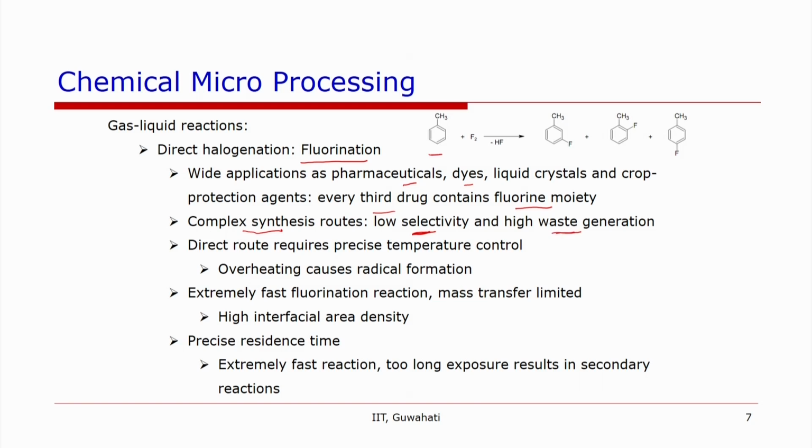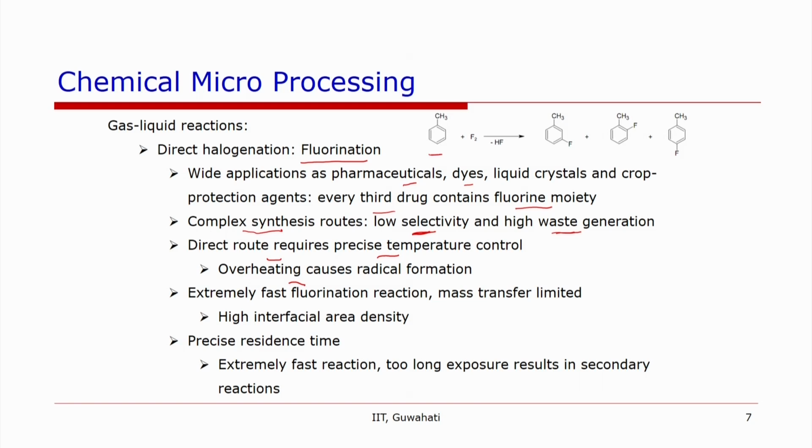So, the direct route might be cheaper, but it requires precise temperature control because reactions are fast and exothermic, and if overheating or hot spot formation happens, then the undesired reaction may take place and one will again get poor selectivity.